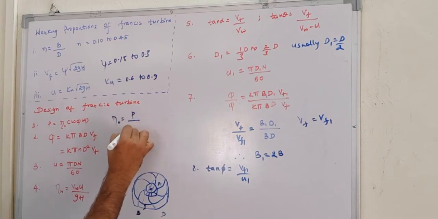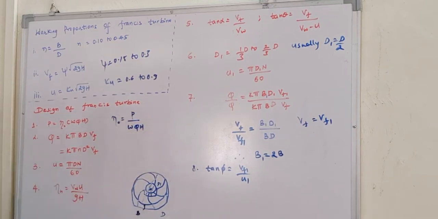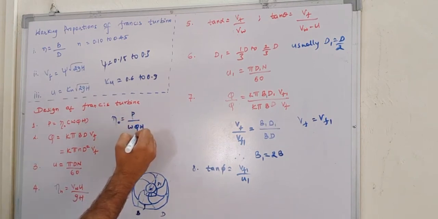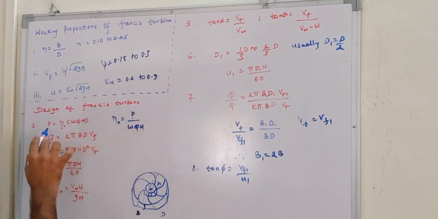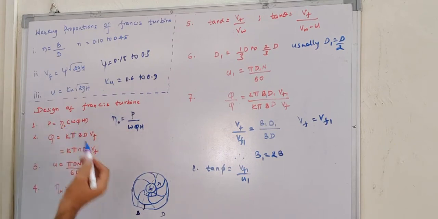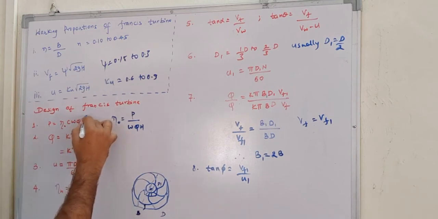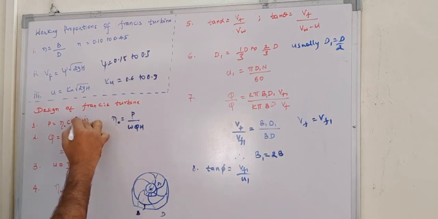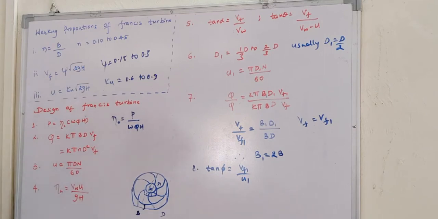Power at the shaft divided by the power supplied by the water, which is called water power. So overall efficiency is equal to P divided by WQH. We already know P is equal to overall efficiency multiplied by WQ into H. In the given condition, we will know what H is, so from that we can calculate how much Q is. This is the first thing.